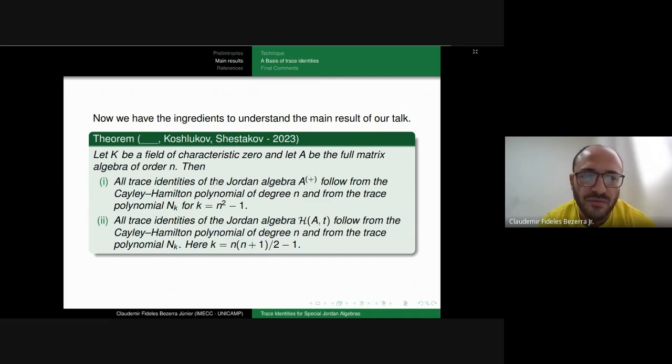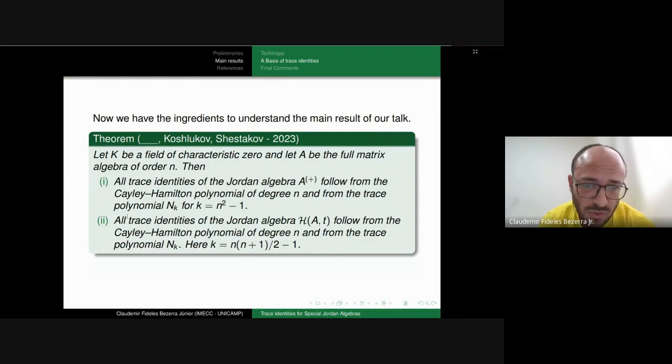All trace identities of the Jordan algebra, when considered as matrices equipped with the Jordan product, follow from the Cayley-Hamilton polynomial of degree n and from the trace polynomial Capelli nk, when k is equal to n squared minus 1.